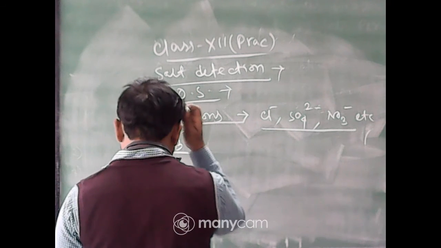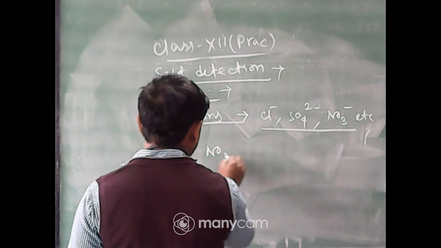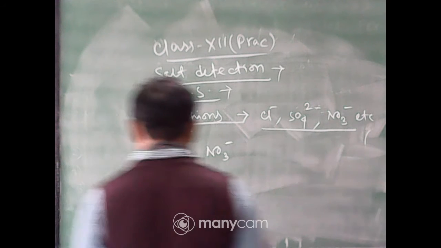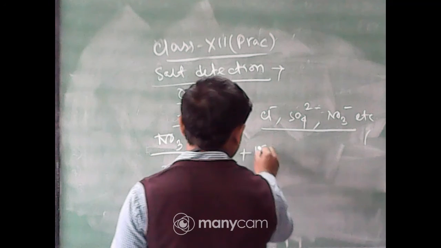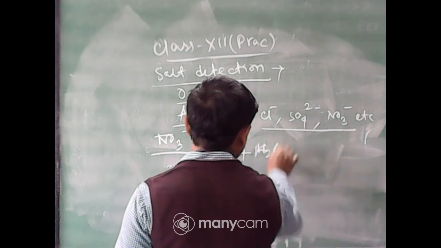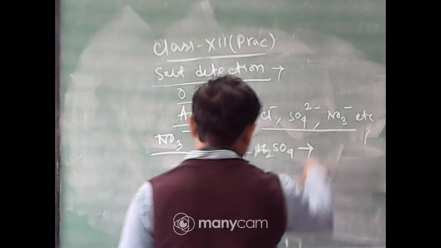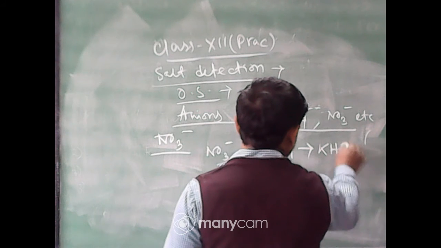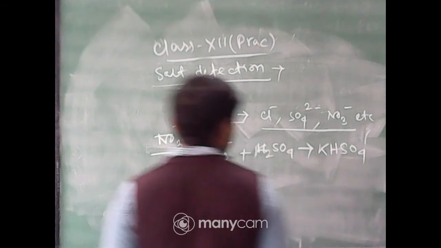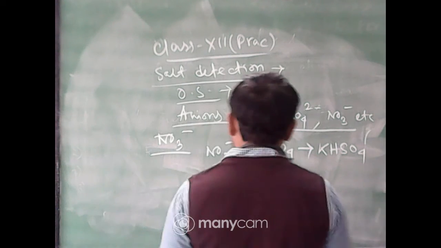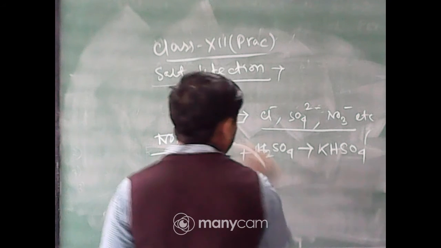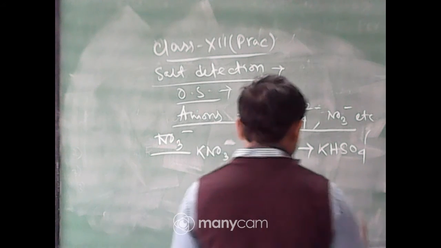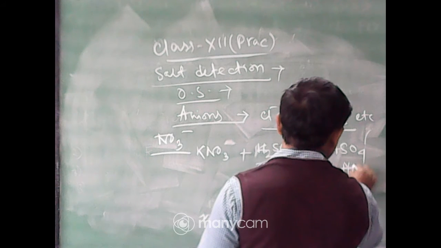So we have taken one nitrate salt, suppose NO3 minus plus H2SO4. It will produce one salt, that is a bisulphate salt, plus KHSO4.